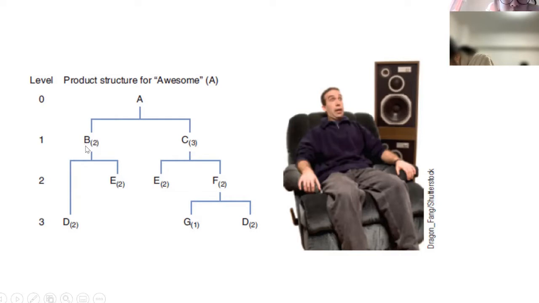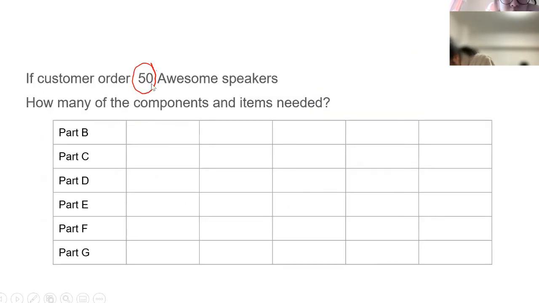To make 1B, you need 2D and 2E. To make 1C, you need 2E and 2F. To make 1F, you need 1G and 2D. So the question is, if I want to make 50A, how many Bs do I need?